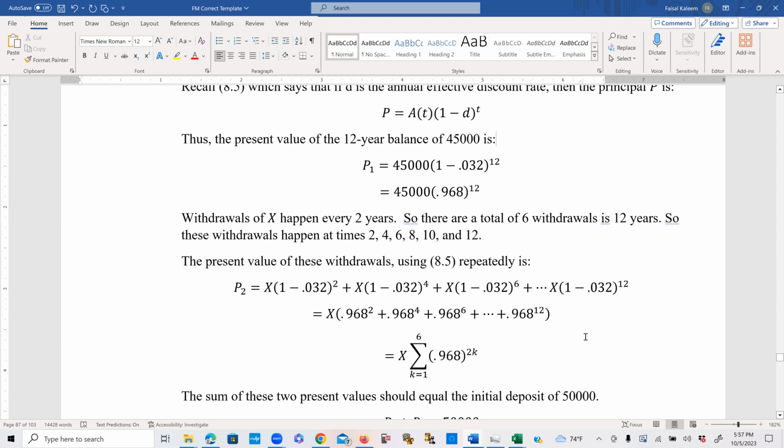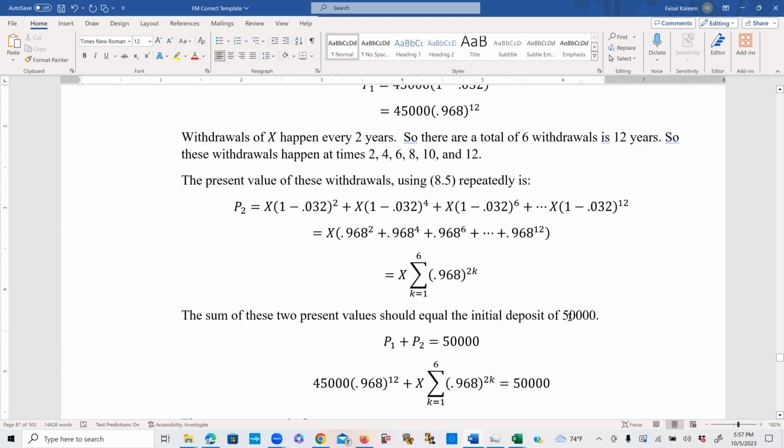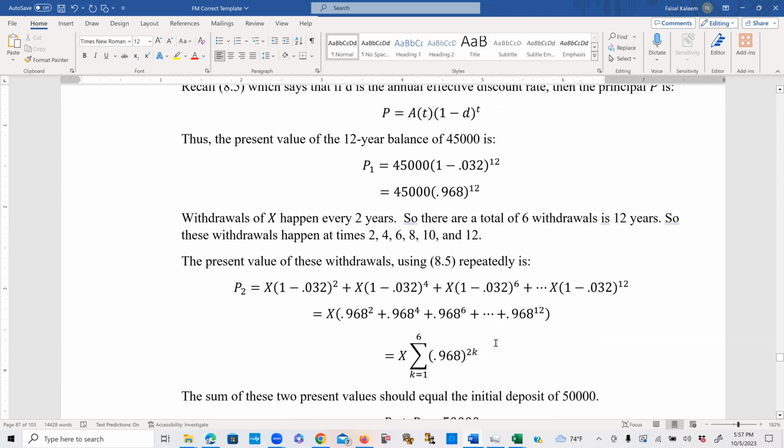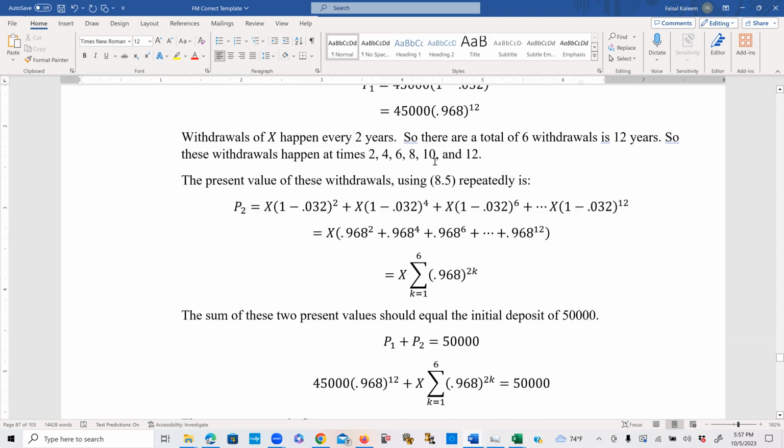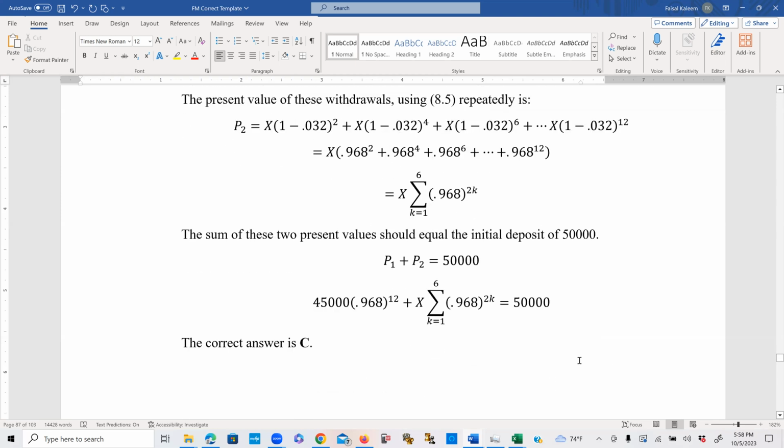So the two present values should equal the initial present value, 50,000. P1 plus P2 is 50,000. Now we substitute the values: P1 was 45,000 times 0.968^12, and P2 was X times the summation of 0.968^(2k). This equals 50,000, and that was choice C.